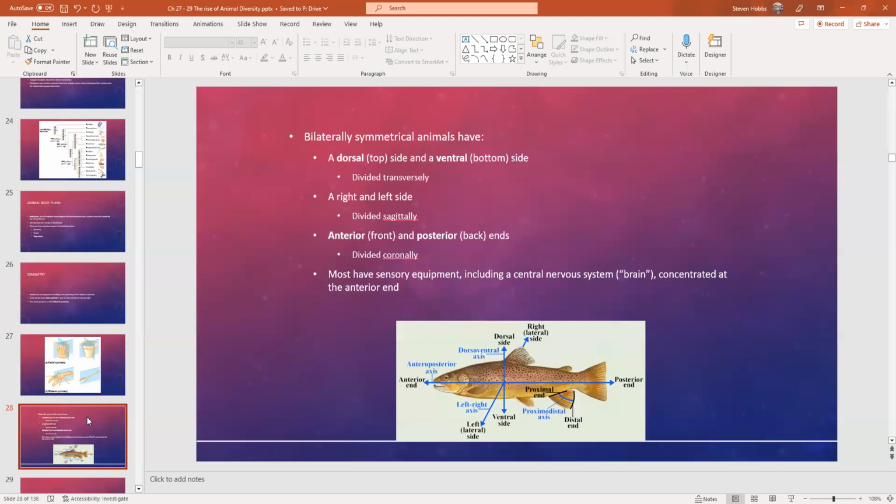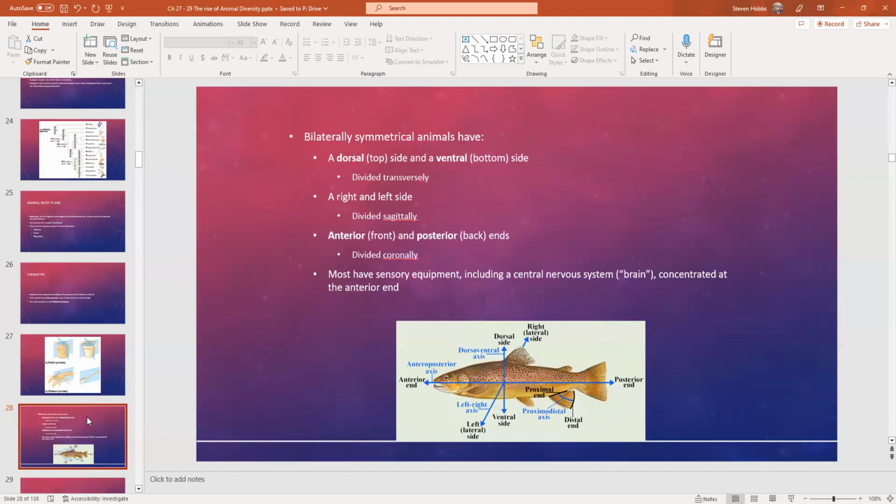We use these terms: transverse, sagittal, and coronal. Transverse means you're going to separate the top portion, or excuse me, the dorsal portion from the ventral portion. Okay? Transverse goes from dorsal to ventral in this example. Left and right is going to divide sagittally.